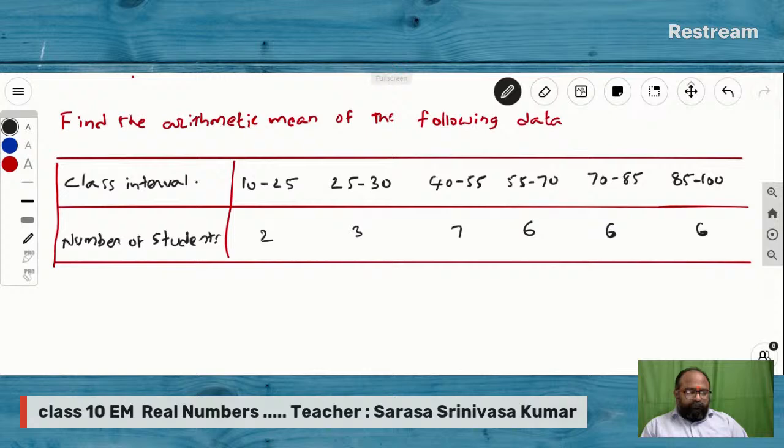So 10 to 25, two students. 25 to 40, three students. 40 to 55, 7 students. 55 to 70, 6 students. 70 to 85, 6 students. 85 to 100, 6 students. Now we prepare this table.